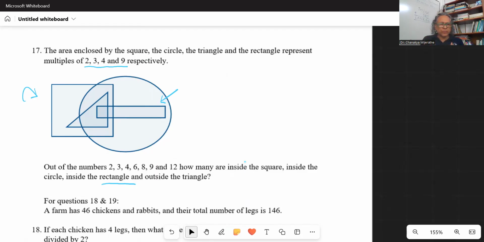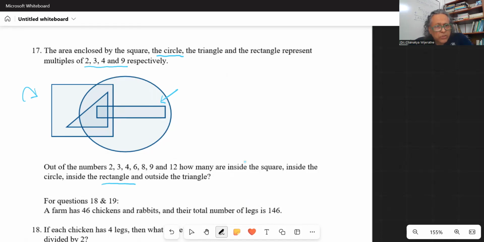So where is 2? So 2 is inside the square, right? But it is outside the circle, right? Inside the circle represent multiples of 3.